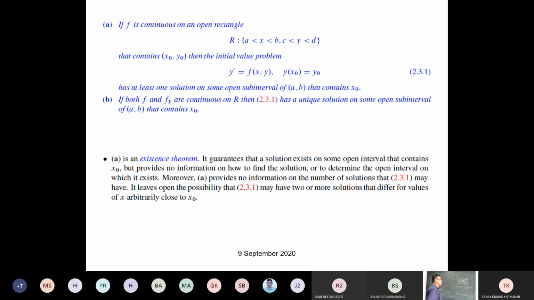And see, they are talking about an open sub-interval, but from the inequality you can see that I can even take a closed sub-interval also, no problem about that. So basically, that sub-interval they are talking about is going to be something like what I used. Okay.